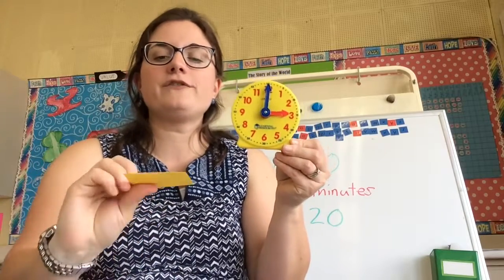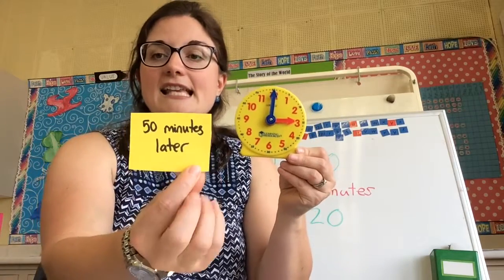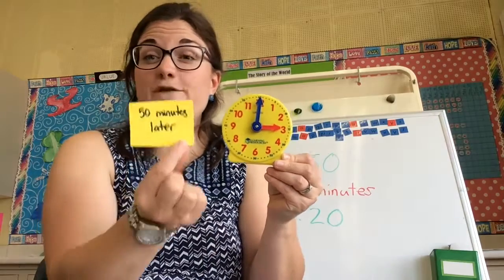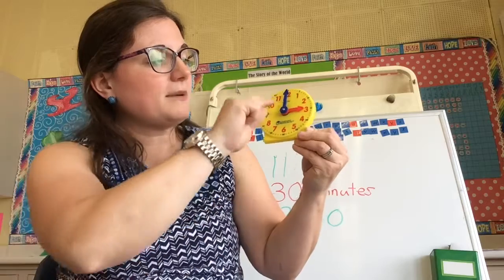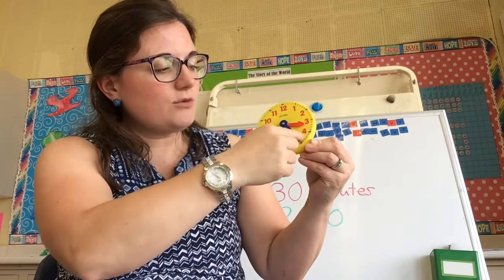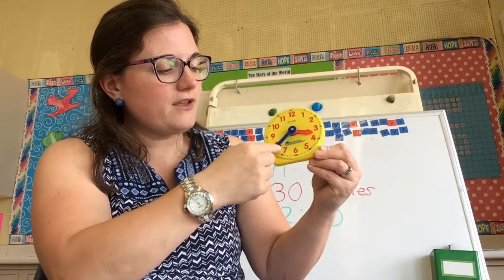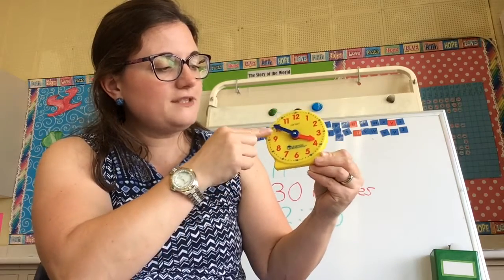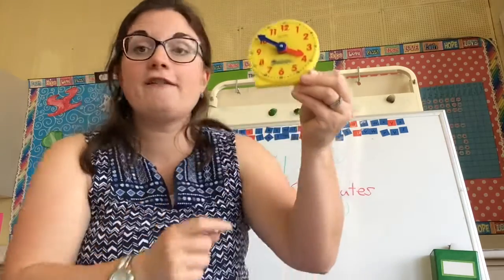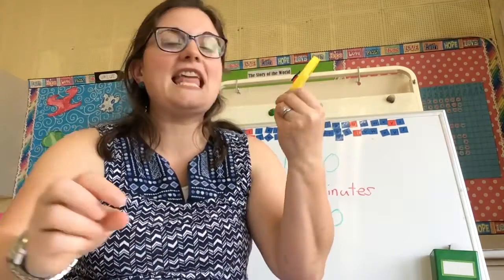I'm going to turn the first card over, and it says 50 minutes later. So I'm going to do what's 50 minutes later. Well, I'm going to count 5, 10, 15, 20, 25, 30, 35, 40, 45, 50. 50 minutes later is 3:50.